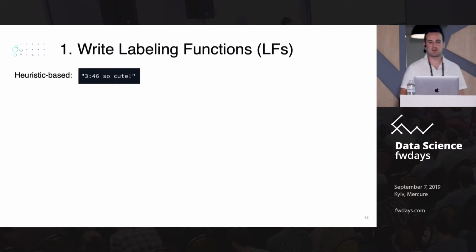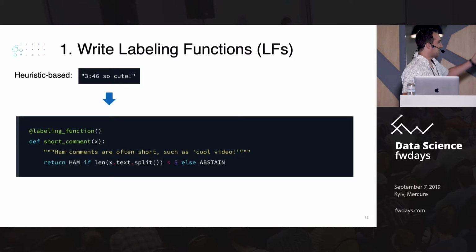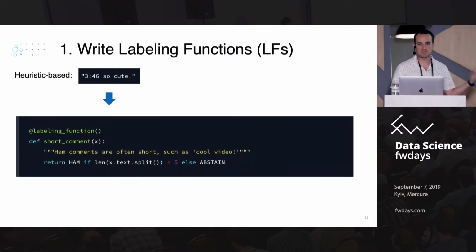Another labeling function we could write is a heuristic. We may notice that, in general, the ham comments tend to be shorter than the spam ones, because the spam ones may include a link to their channel or something like that. So we'll write, again, another labeling function that says, if the number of words in the comment is less than 5, then go ahead and call it ham, otherwise abstain.